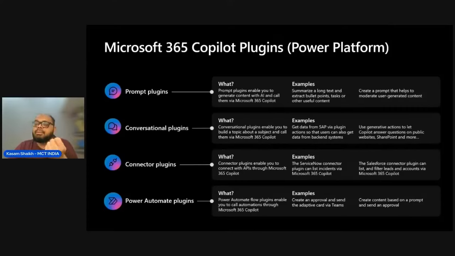Connector plugins provide a way to connect directly with an API in Microsoft 365 Copilot, for example natively connecting to the ServiceNow connector to list the incidents. And of course, the Power Automate plugins enable you to call automations to do things like creating approvals.